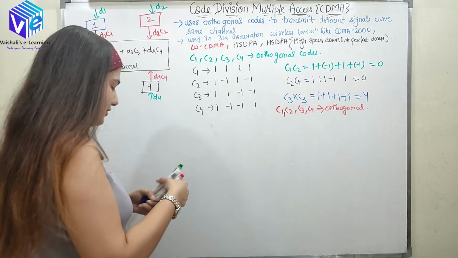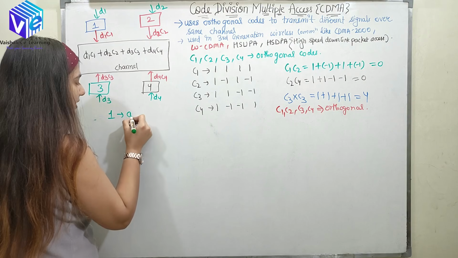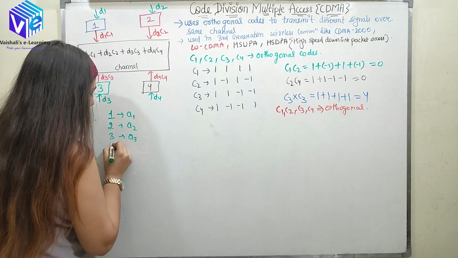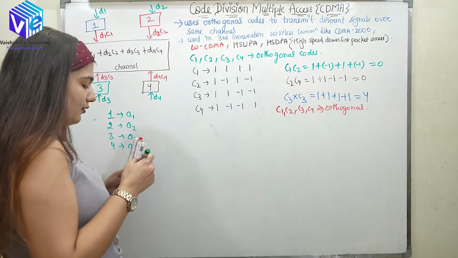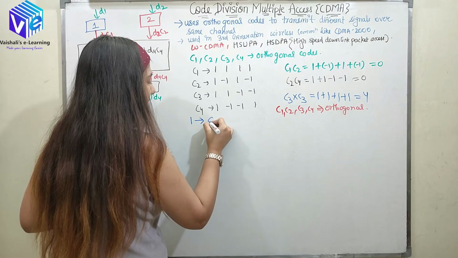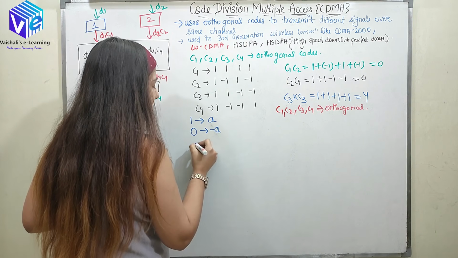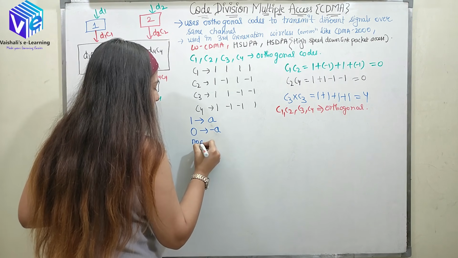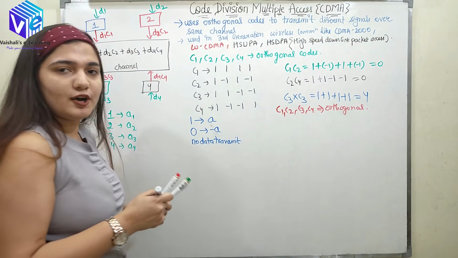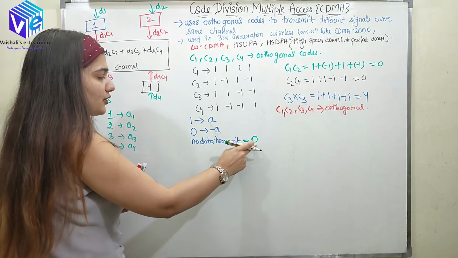Now let's suppose the data transmitted by user 1 is A1, user 2 is A2, user 3 is A3 and user 4 is A4. The data transmitted also follows some property. If the data transmitted is 1, I'll denote it by A. If the data transmitted is 0, I'll denote it by minus A. And if no data is transmitted, if the user is silent, I denote it using 0.